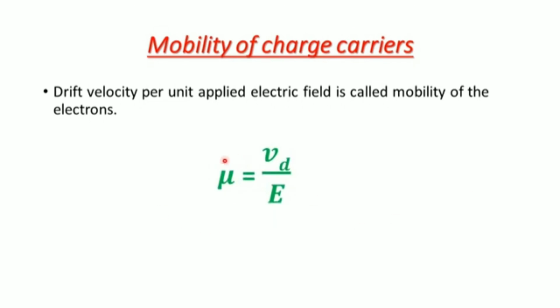Electrons start moving towards the positive terminal of the battery. So mobility is defined as drift velocity of the charge carriers per unit applied electric field. Its unit is meter per second per Newton Coulomb, or meter Coulomb per second Newton. Like this also you can say.